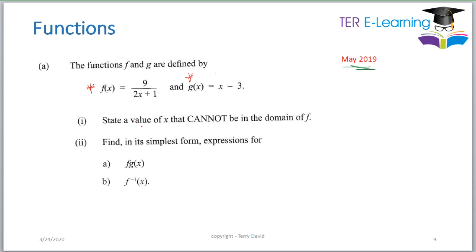And the question is asking, state a value for x which cannot be in the domain for f. Can anybody tell me how we're going to work that, or what you think the answer is?